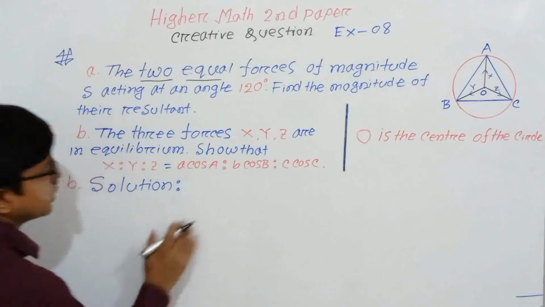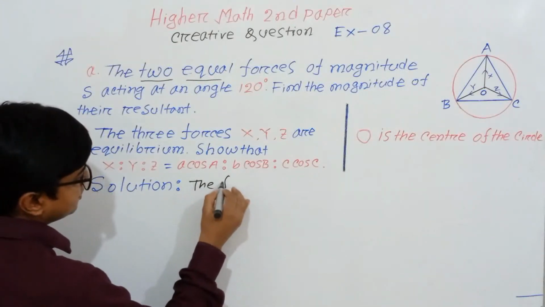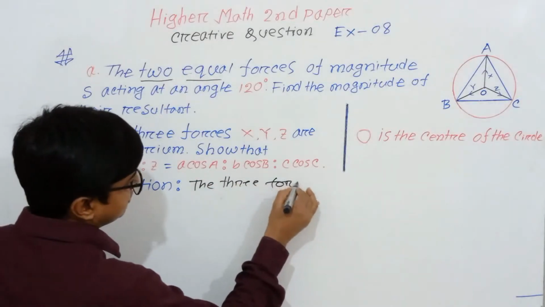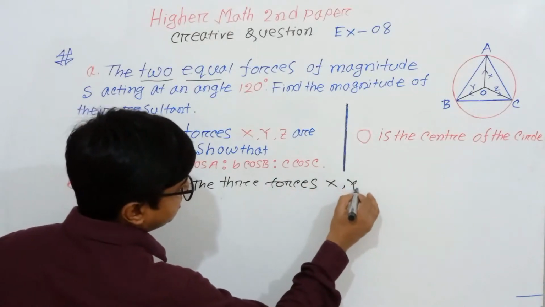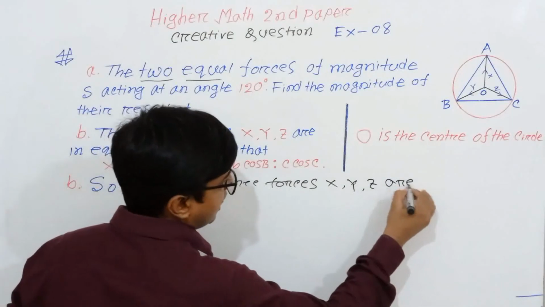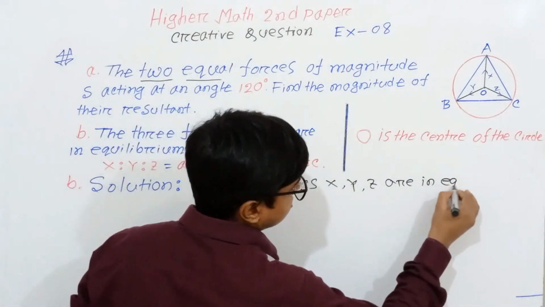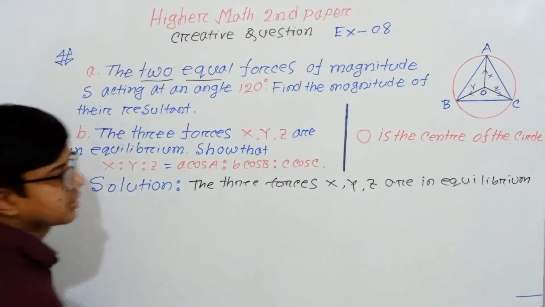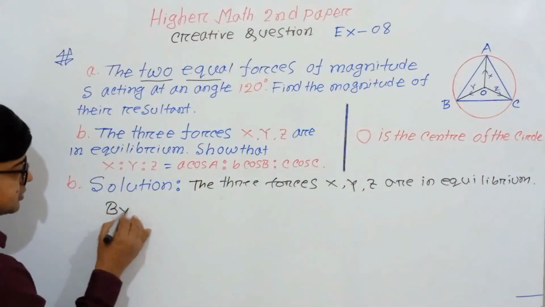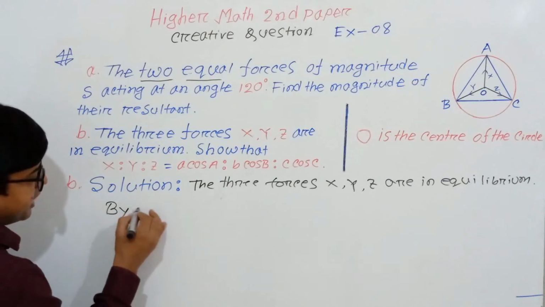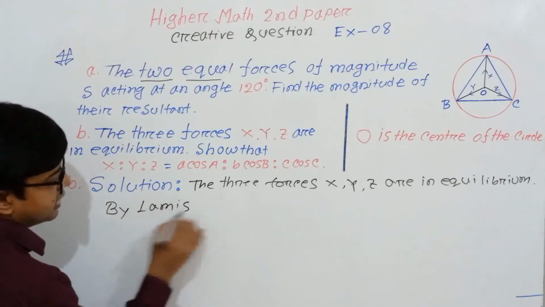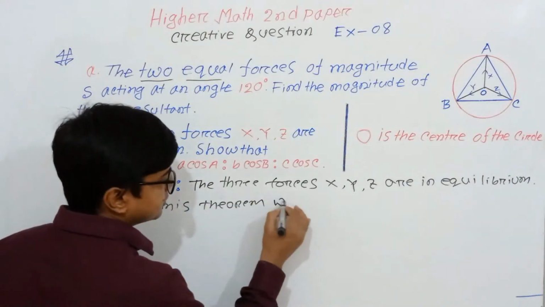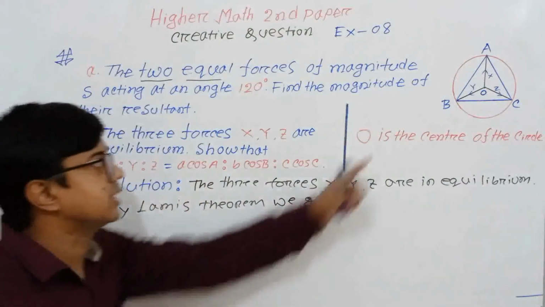So here look at this. The three forces X, Y, Z are in equilibrium, and by applying Lami's theorem, we get here, look at the figure.